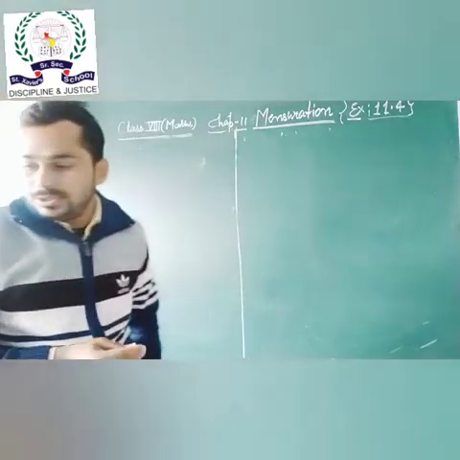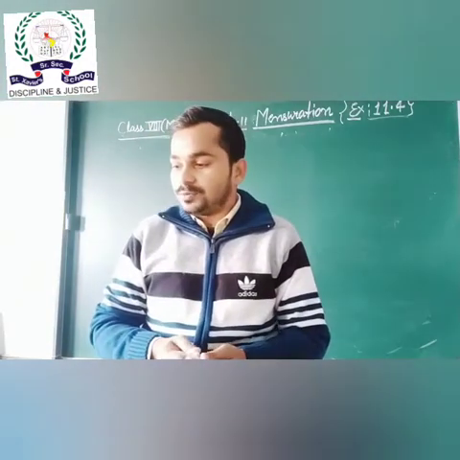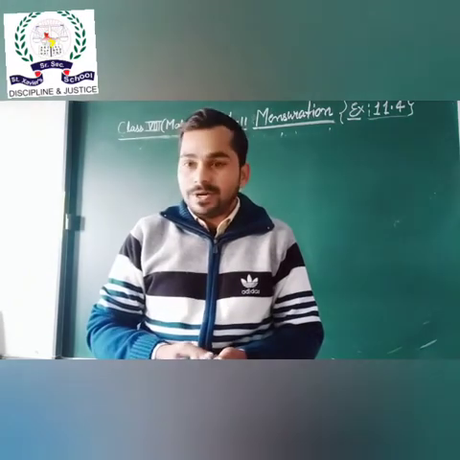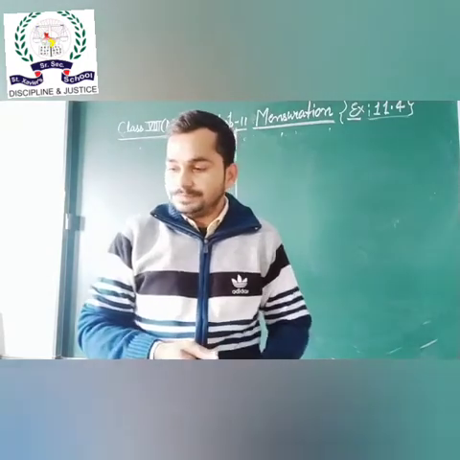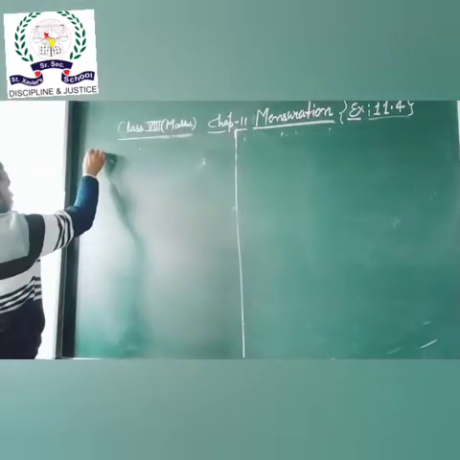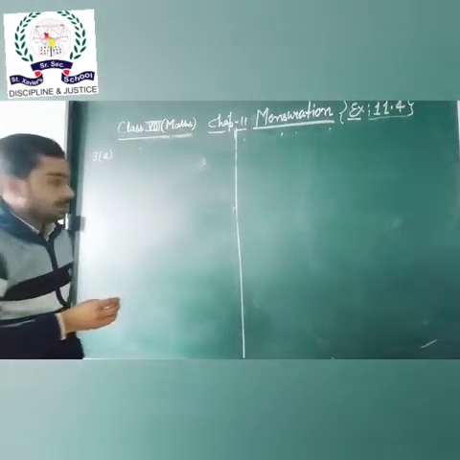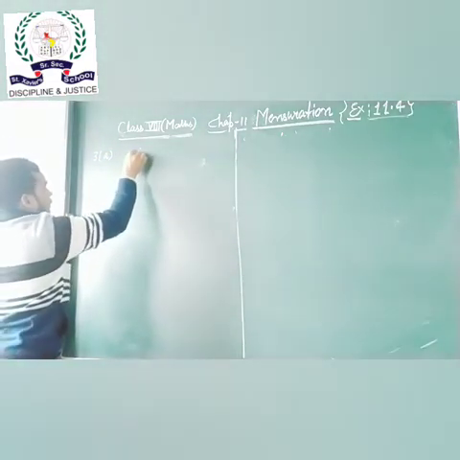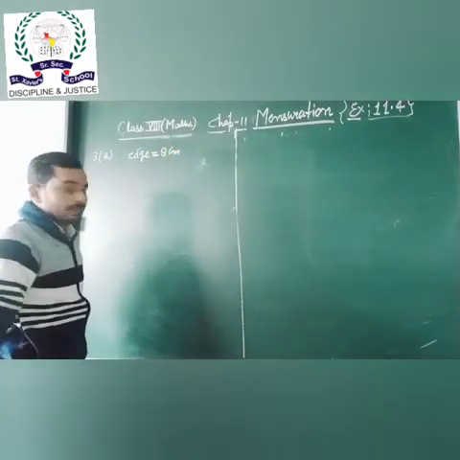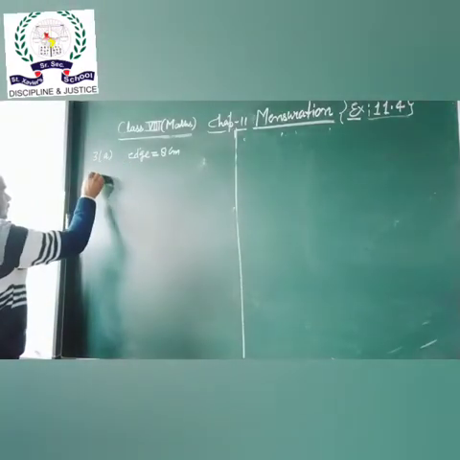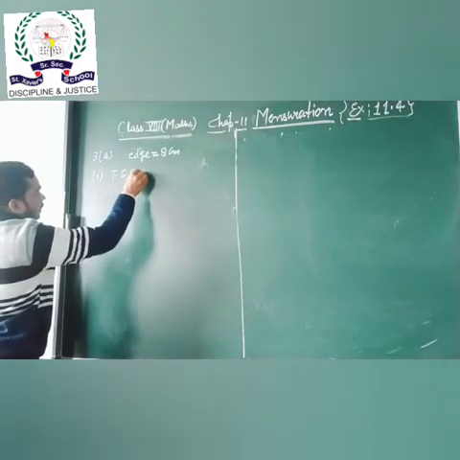Now question number 3, where we are given the edges of cubes. You have to find out the total surface area, lateral surface area and volume of each cube. Question number 3, part A, where edge is given 8 centimeter. First find out the total surface area of cube.